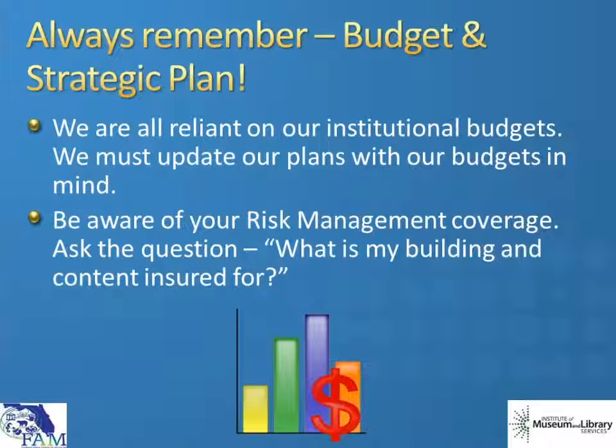So I think that's an important piece of knowledge to take into your emergency plan and to update as the annual renewal on these plans comes. Risk management in a public institution such as mine is considered a public document. So it's not something that can be hidden from us as employees or the public. They have the right to know. So it's not a question that you should shy away from.